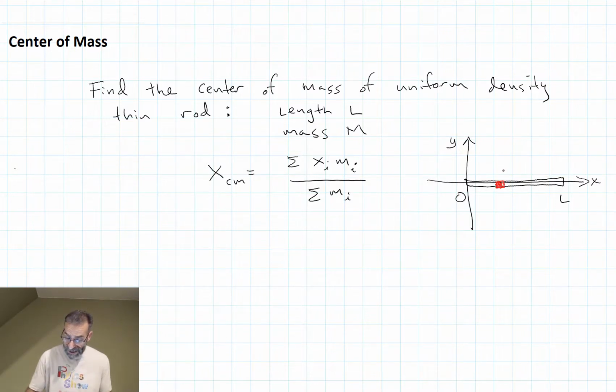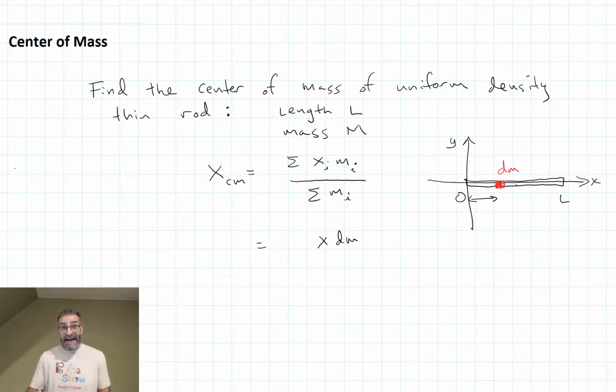We call that dm, some little tiny part of the whole rod. It's so small, we can treat it like a point mass. So we're going to multiply each dm times its location. And if I situate my rod like this on the coordinate system, the location of this dm is just x.